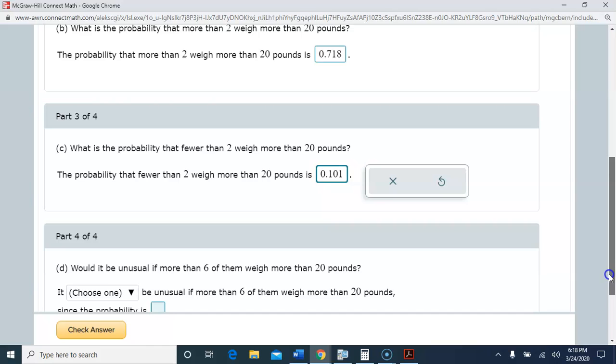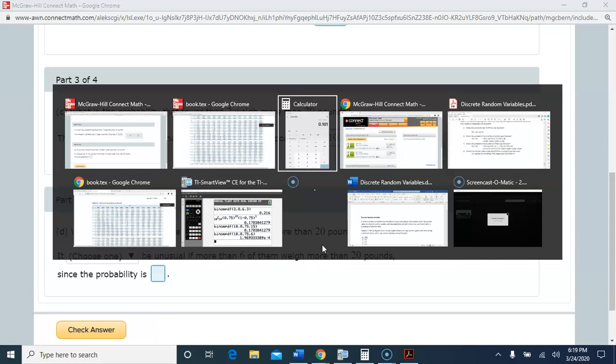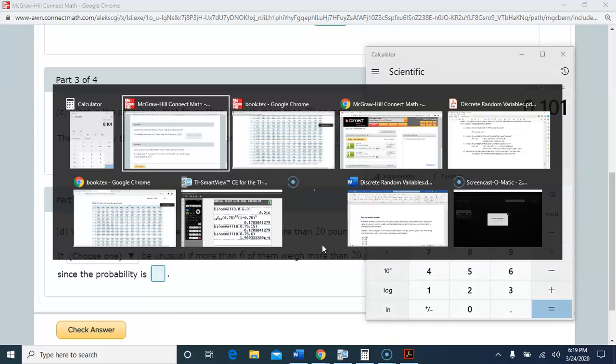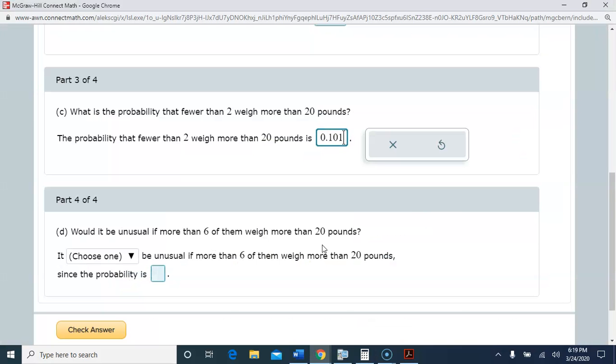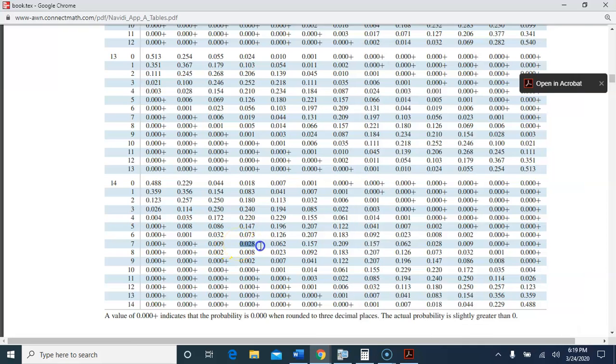And then the last question, would it be unusual if more than 6 of them weighed more than 20 pounds? So let's go back to the table and see what's the probability of more than 6 of them weighing more than 20 pounds. More than 6 of them means we start at 7.